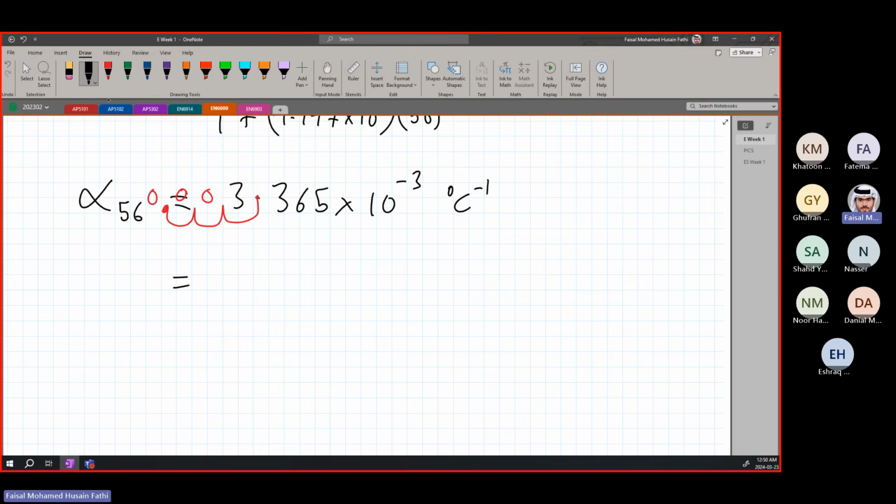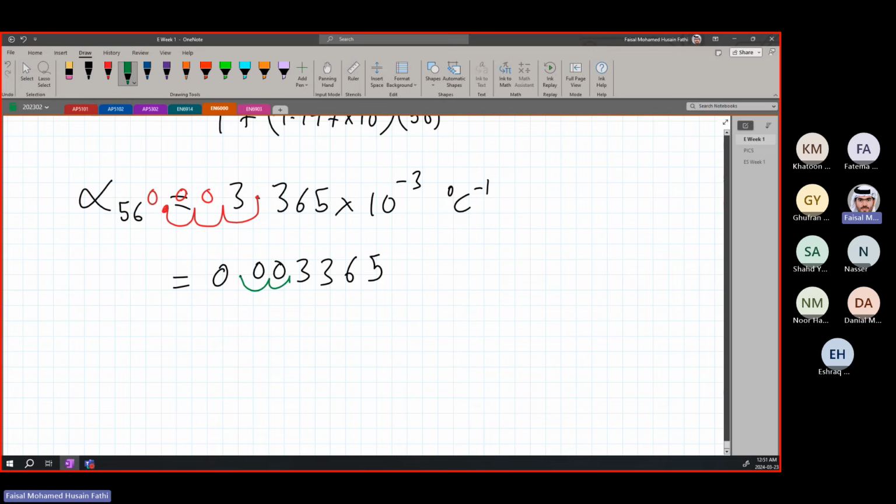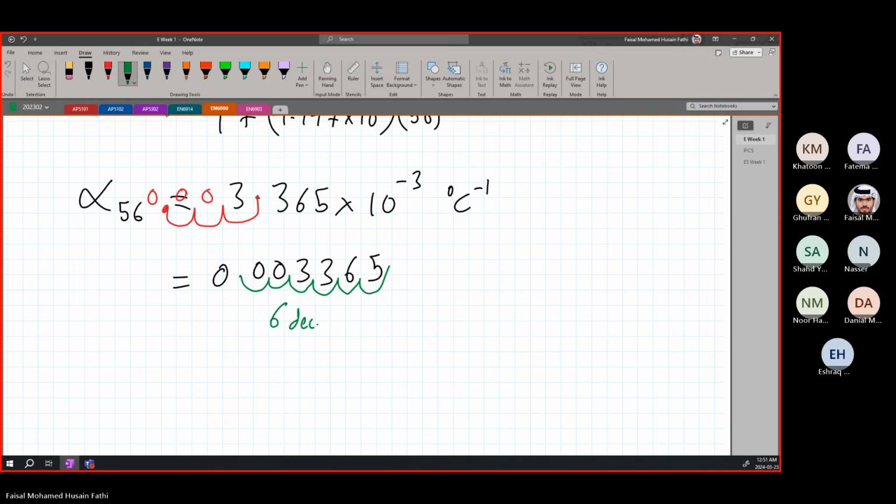So if we rewrite this, it's equal to 0.003365. This is 1, 2, 3, 4, 5, 6, 6 decimal places, per degree centigrade. And that's our alpha 56.